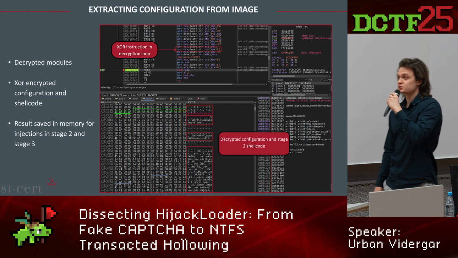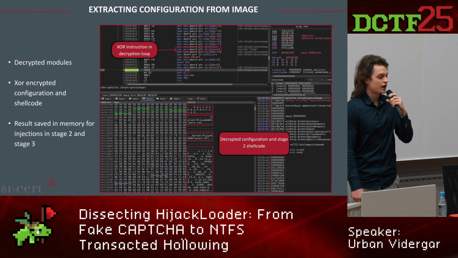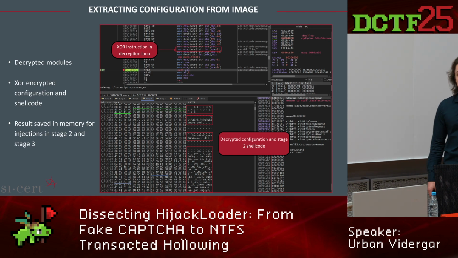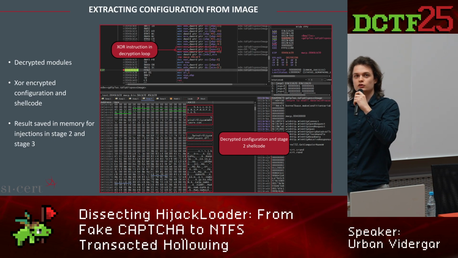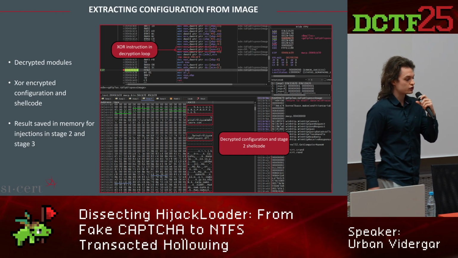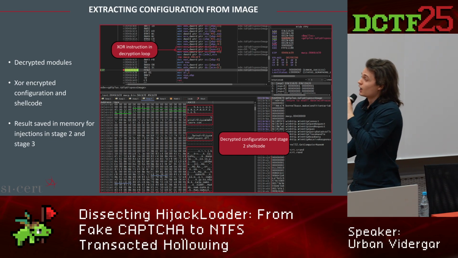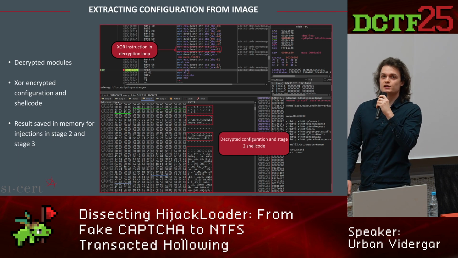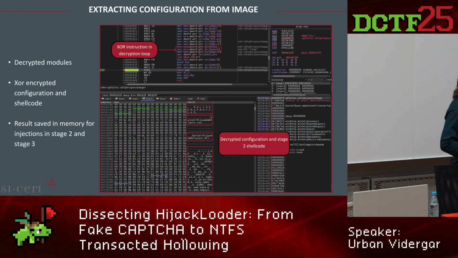For presentation purposes, I decided to use the debugger, the dynamic approach, and I essentially set up a breakpoint just after the decryption loop, so after the XOR decryption happens, so those encrypted pixel values are decrypted into a memory section that now holds, as you can see, some interesting strings that are part of the malware configuration, and at the end you can also see the next stage shellcode, which is injected into the DLL in the next stage.